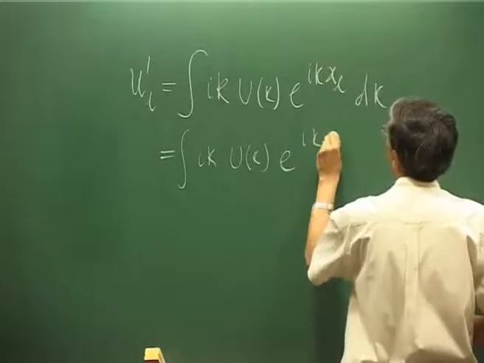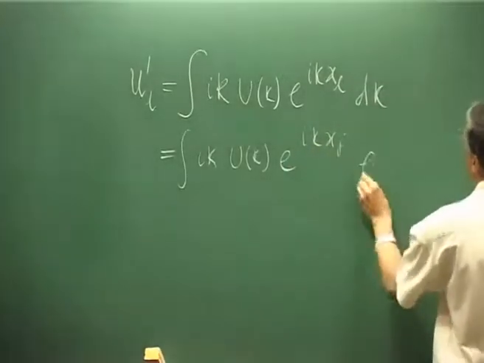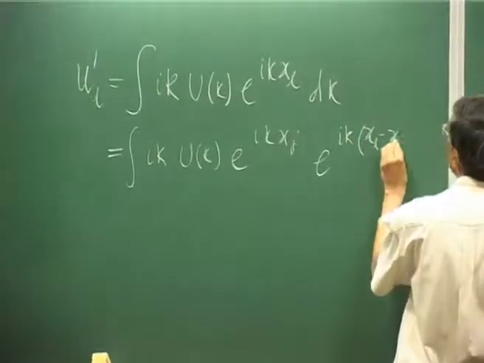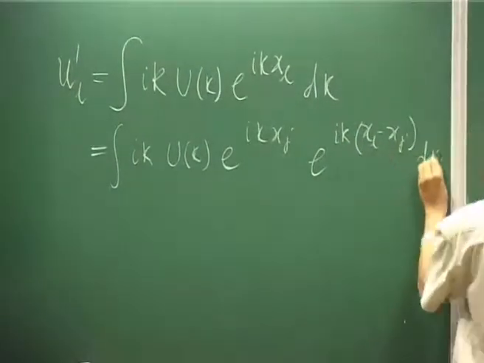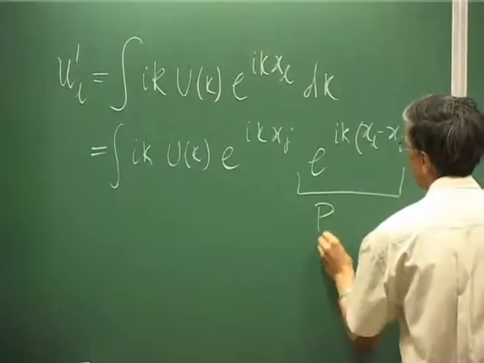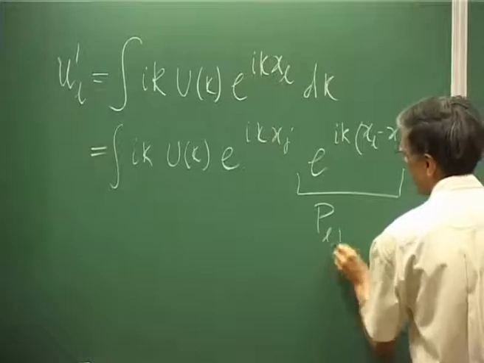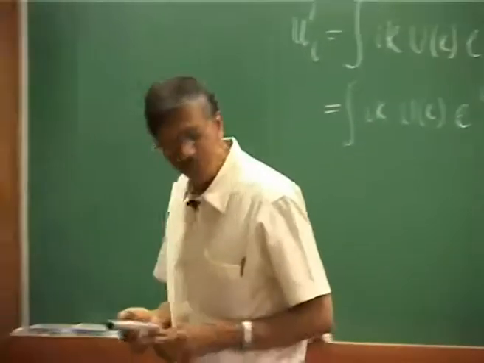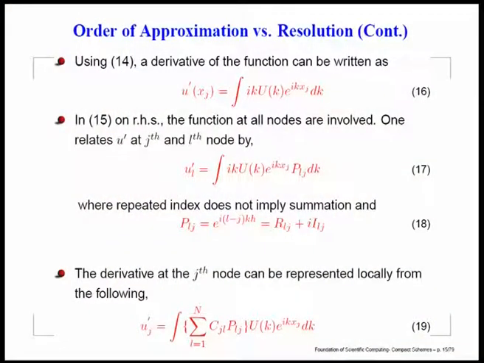I could write e to the power i k, and then e to the power i k, I will write xl minus xk. So, this quantity, if I call this some projection of the jth node onto the Lth node, that is what we have written here in equation 17.